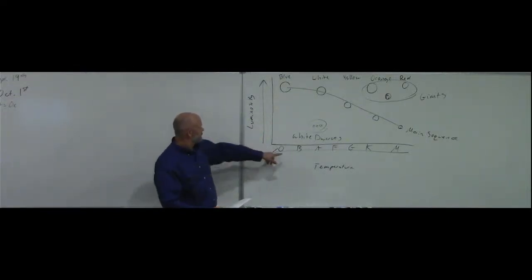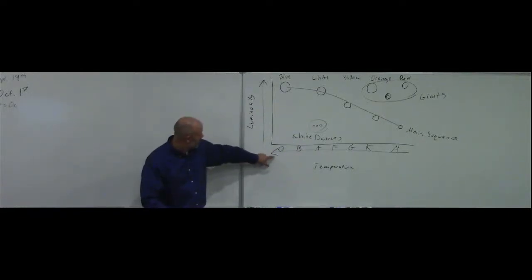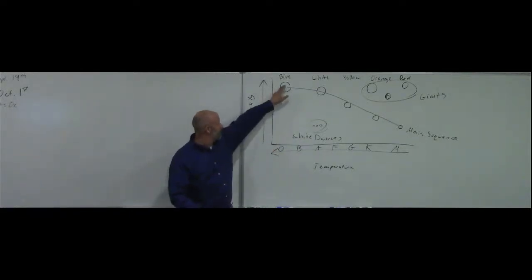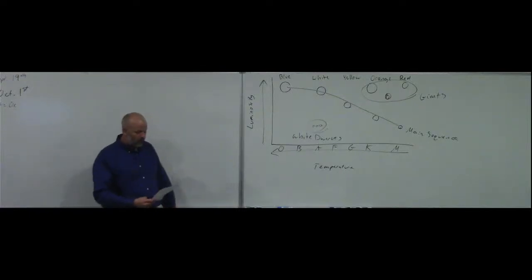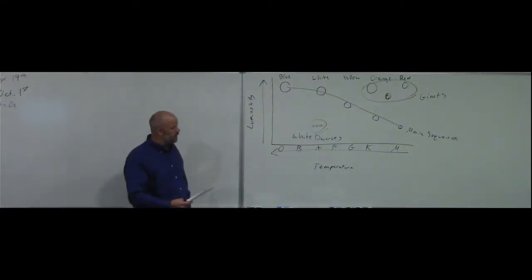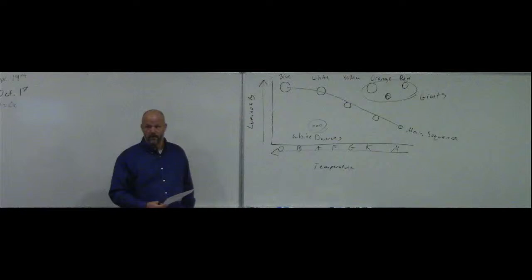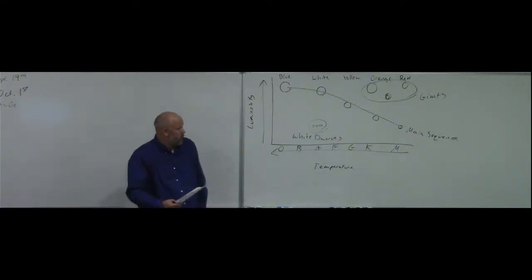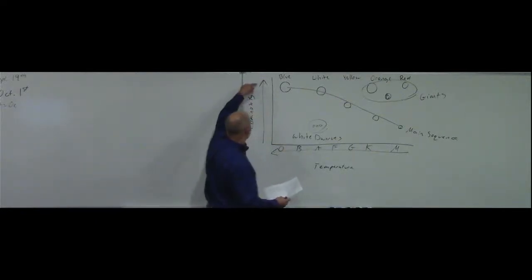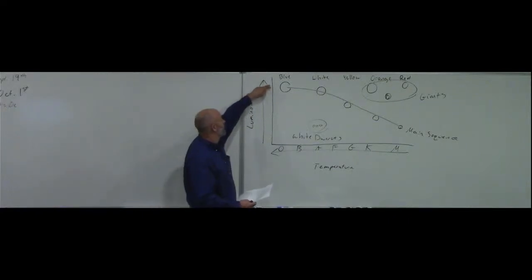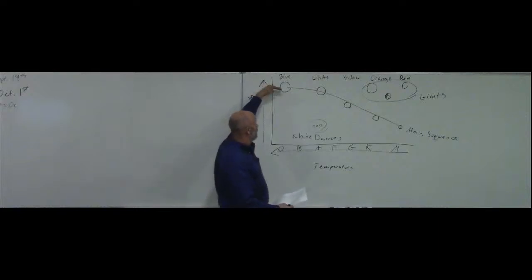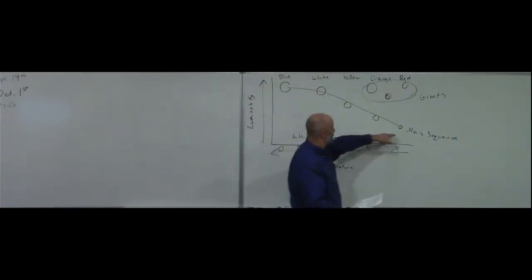Right. This is temperature, so where do I find them? Got to be up here. Okay. Along the main sequence, the dimmest stars are found here. Bottom right. Right. So if this is luminosity, the brightest are going to be towards the top. The dimmest are going to be towards the bottom. That puts them down here.